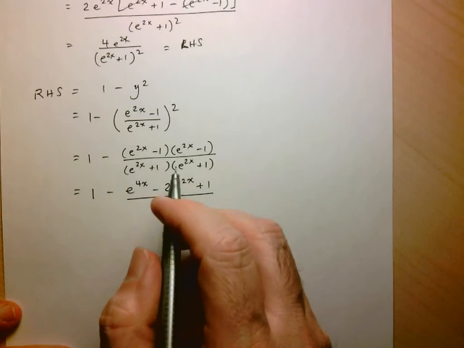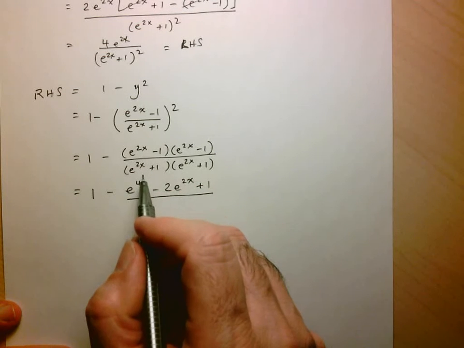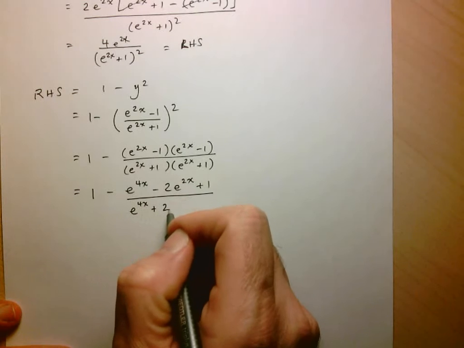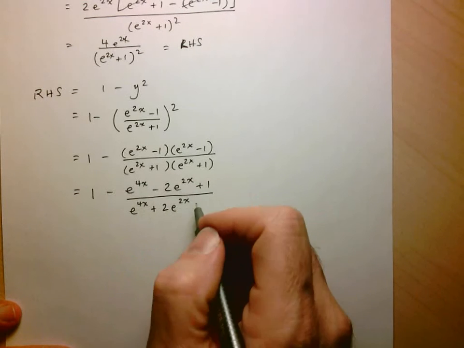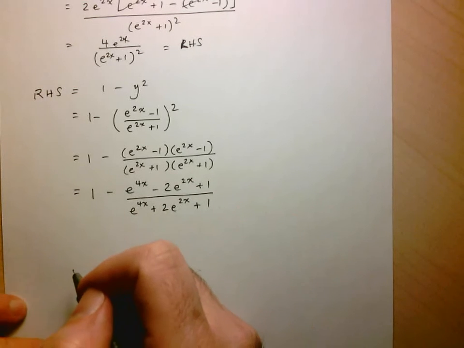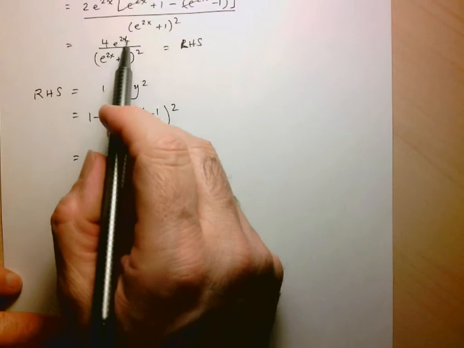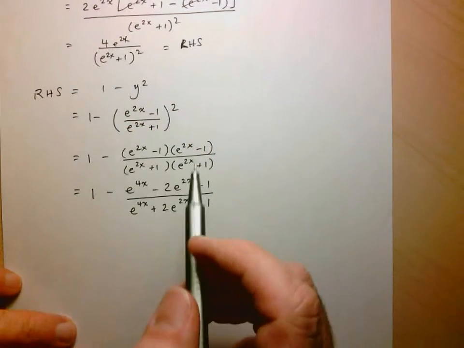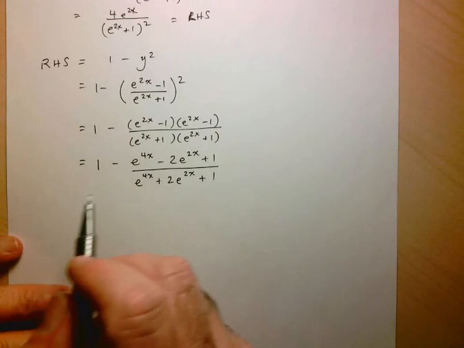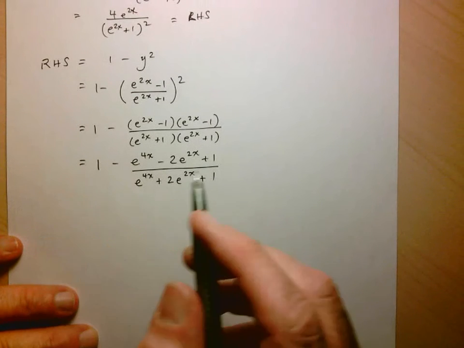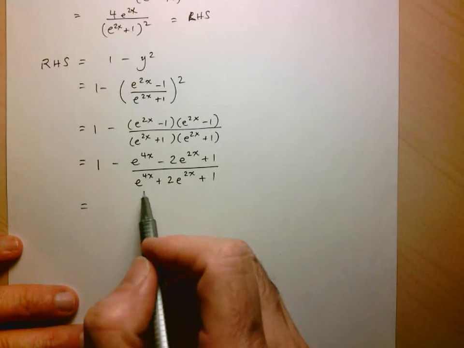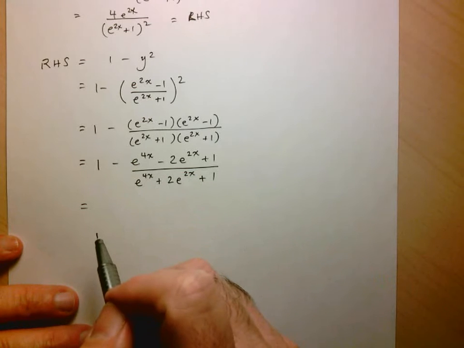All over, and then here we're going to have something very similar. We'll have e to the 4x, plus 2e to the 2x, and again plus 1. Now we notice here the expression that I had, everything is all in one fraction. So that's what I'm going to aim for here, get everything in one fraction. This is going to be my common denominator.